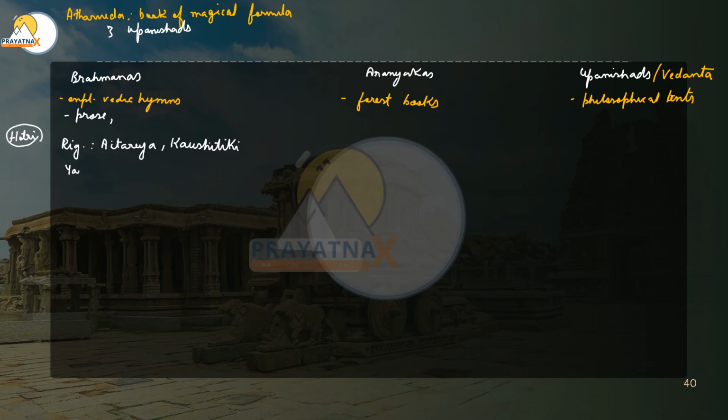Then for Yajurveda, it was the Shatpath Brahmana and the Taittiriya Brahmana.